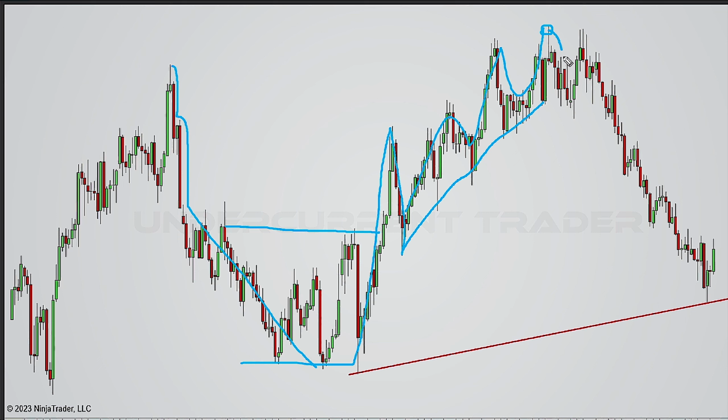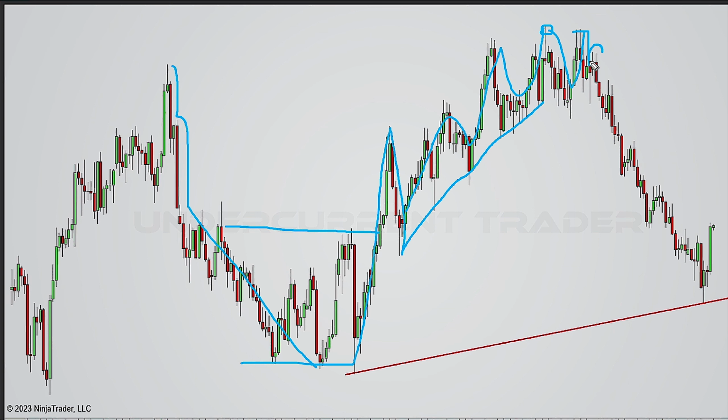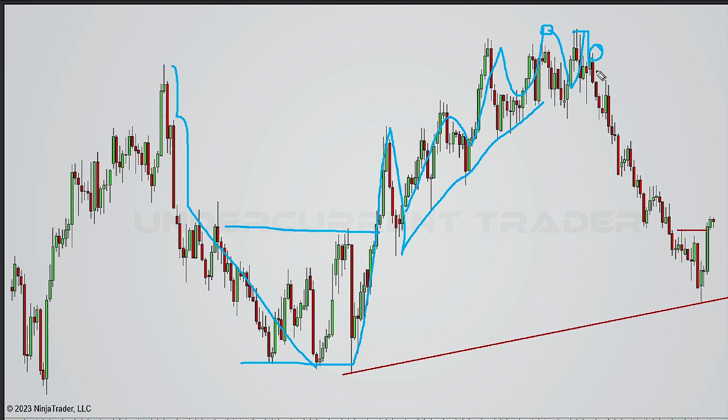However, during a subsequent attempt to achieve a higher high, the market saw a decline in demand and consequently failed to make further progress. This failure, particularly after this lower high here, signaled a shift in momentum, with sellers gaining control and initiating, as you can see in the chart, a downward trajectory.